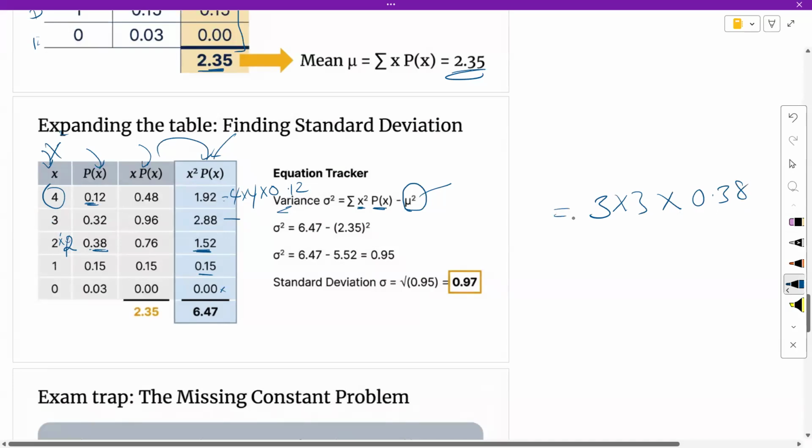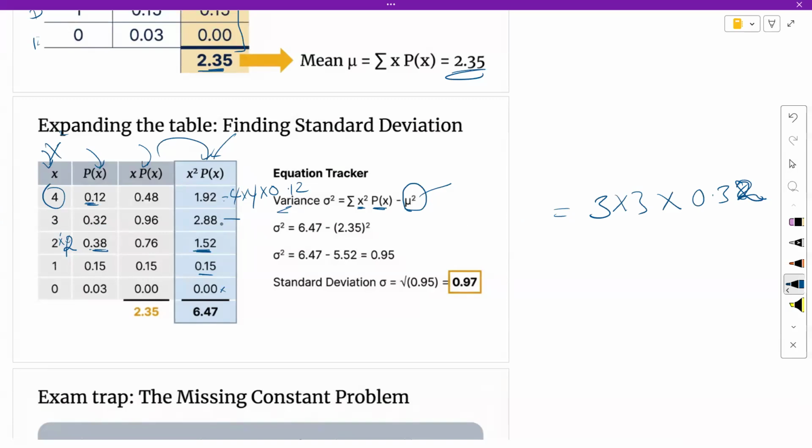Sorry, it is 0.32, not 0.38. What's the value of 3 into 3 into 0.32?